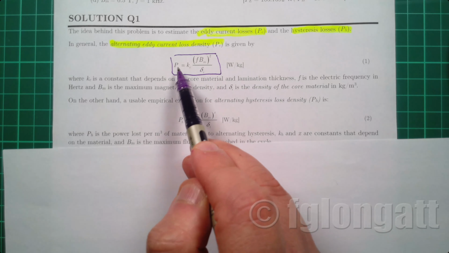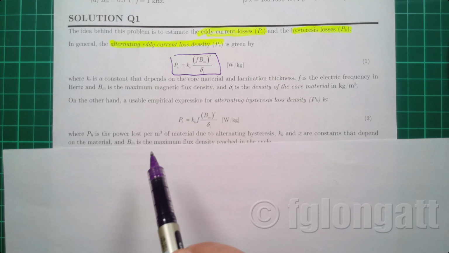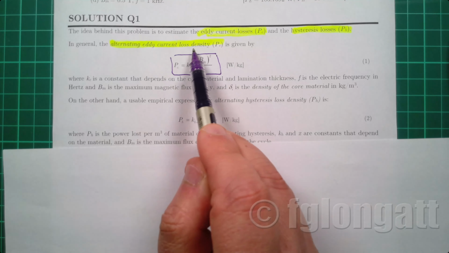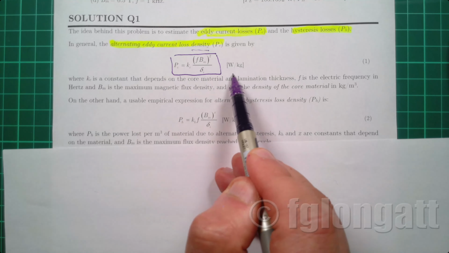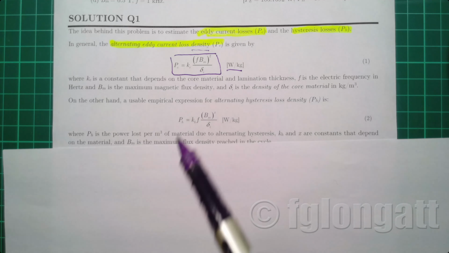And as you can see, we are using the lower case e, and that lower case e means that this is a density. So as you can see, the units are watts per kilogram. So this equation over here will give you the possibility of calculating the alternating eddy current loss density, in this case in units of watts per kilogram.